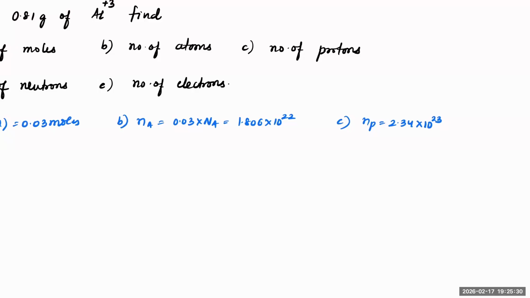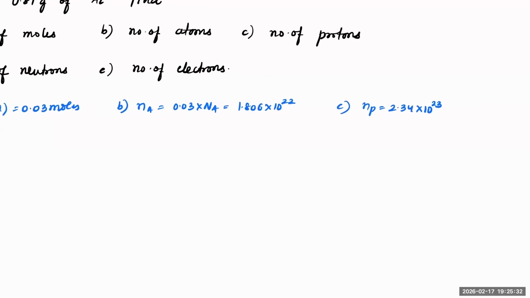And shouldn't B be 1.806 into 10 raised to 23? Why 8? 10 raised to 23. Yeah, sorry. This one is 10 raised to 23.